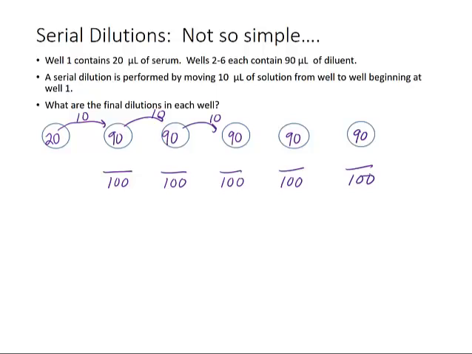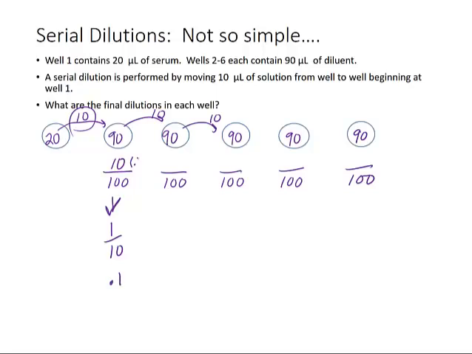Okay? Now what do we do? We take that original aliquot of 10, that's the numerator or the top number of our fraction for tube 2. So this is going to be a 10 out of 100, okay? 10 out of 100. That's easy to do in your head. I can reduce that. That is going to be 1/10, or a 1 to 10 dilution. As a decimal, 0.1, okay?